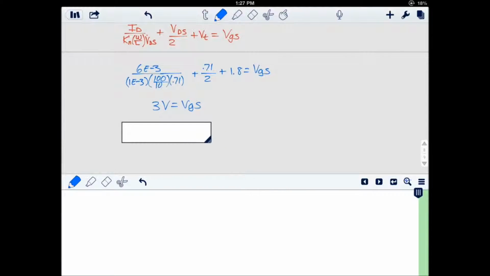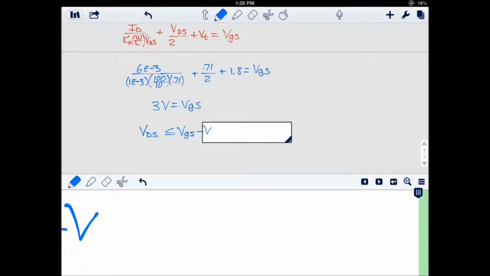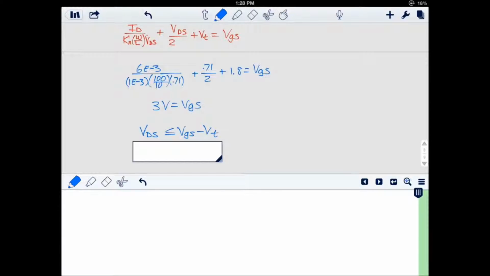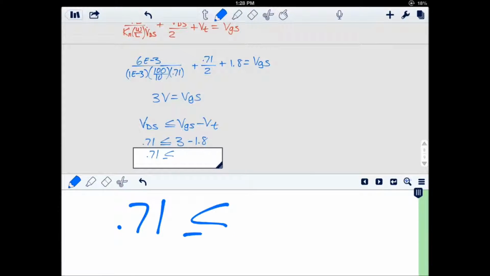Now to determine if this is actually the gate source voltage, this statement has to be true: that the drain source voltage, that's 0.71, is less than 3 volts minus 1.8. 0.71, is it less than 3 minus 1.8? 1.2?